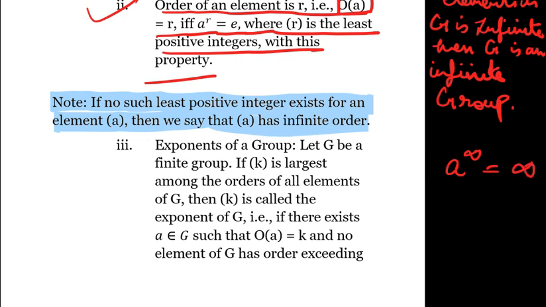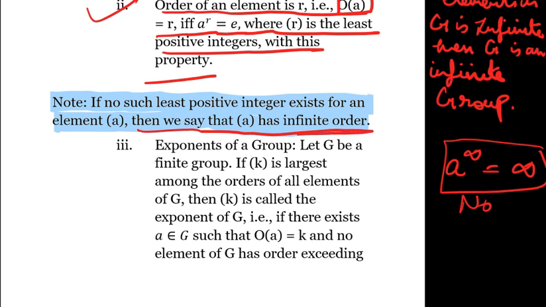That is infinity, right? Am I getting any particular positive integer? No, I'm not getting any particular positive integer. Then we say that a has an infinite order.